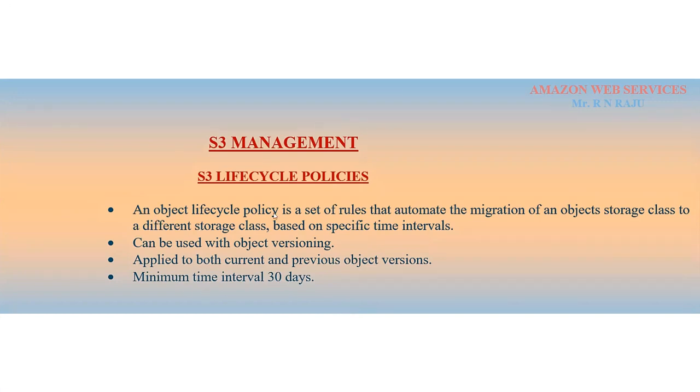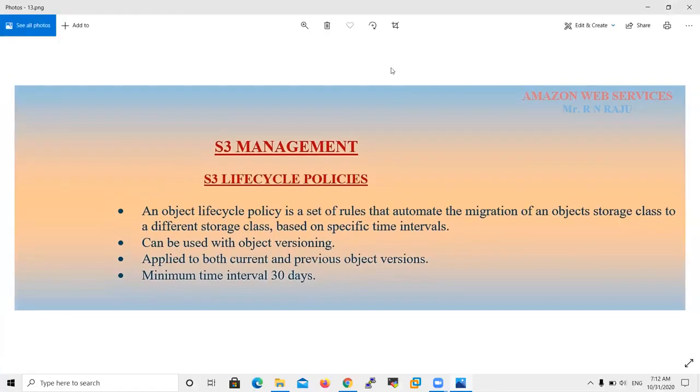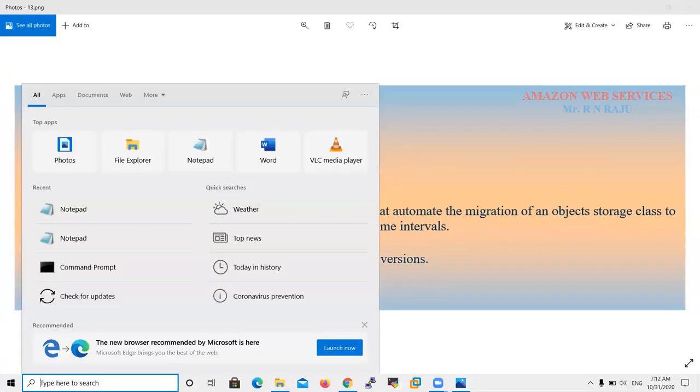An object lifecycle policy is a set of rules that automate the migration of an object from one storage class to a different storage class based on specific time intervals. It can be used with object versioning, applied to both current and previous object versions, with a minimum time interval of 30 days. Okay, I will tell you clearly what the lifecycle management rule is.